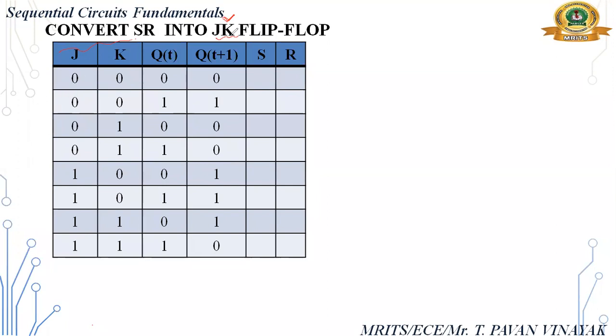JK 00 means previous value. 01 means always 0. 10 means always 1. 11 means complement of Q, so 0 complement is 1, 1 complement is 0. This is the first step, the characteristic table of JK.